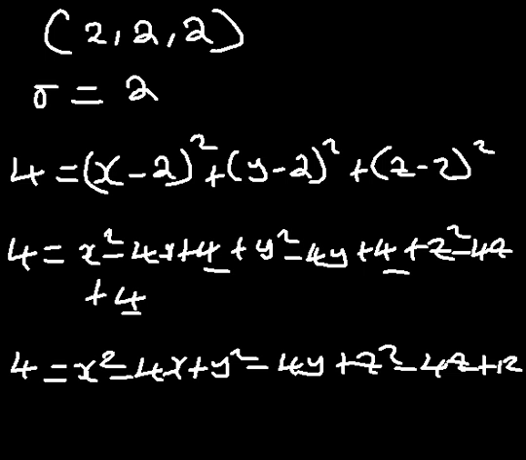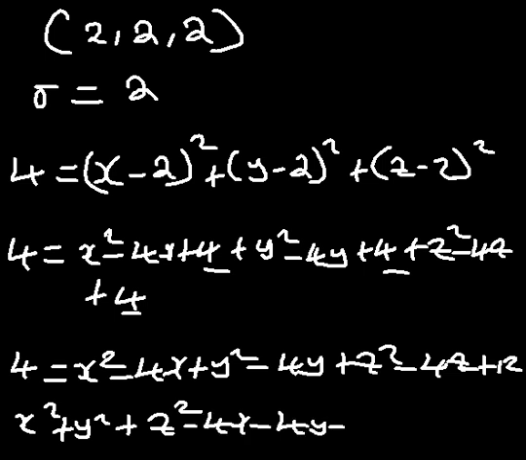This is the same as x² + y² + z² - 4x - 4y - 4z + 12 - 4 = 0. So that can be the way out as well.